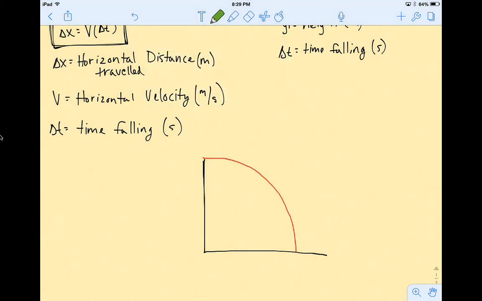Well, if we had this, we should be able to label yi, delta x, and then the initial velocity that way, that's your v, and then time is delta t.